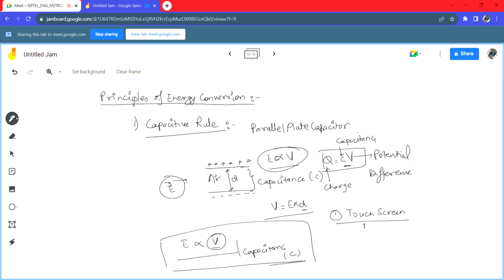So these touch screen sensors of your mobile phones are nothing but capacitive transducers, wherein the charges from the motion of fingers are used to drive the system.